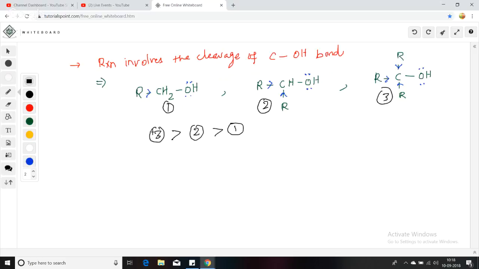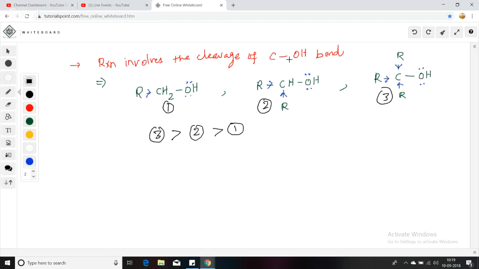So all those reactions in which the C-O bond is getting broken are easier in 3-degree alcohol, then 2-degree, and then 1-degree. To sum up all this discussion, primary alcohol shows reactions by the cleavage of OH bond, and tertiary alcohol shows the cleavage of carbon oxygen bond. So the reactivity order is 3-degree, 2-degree, and 1-degree.